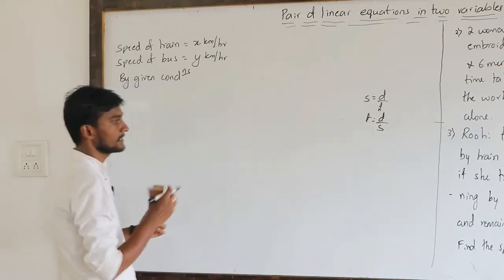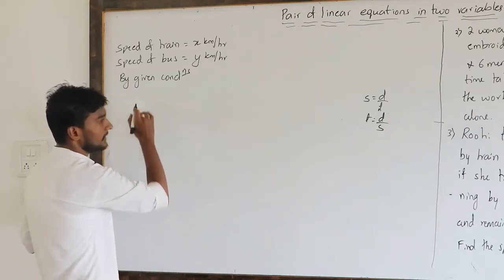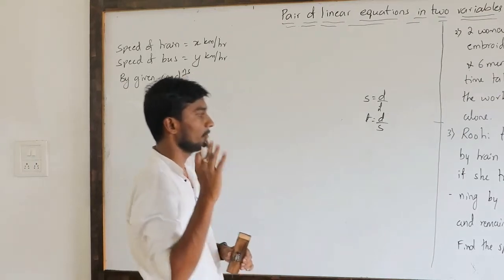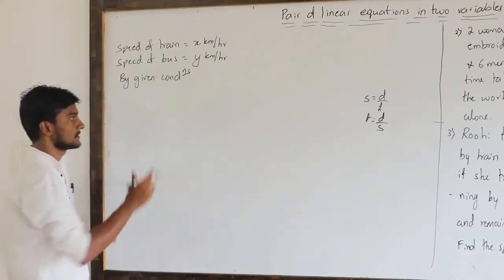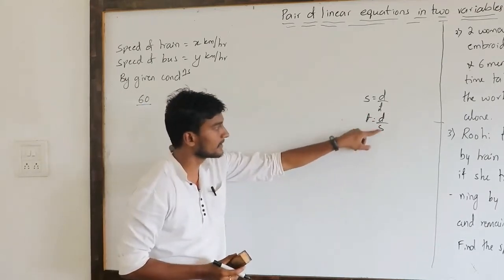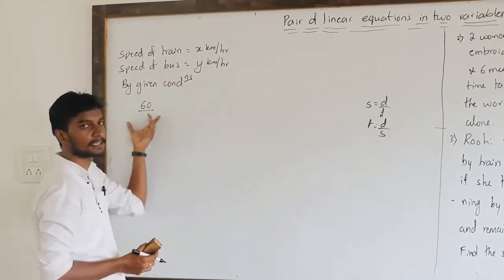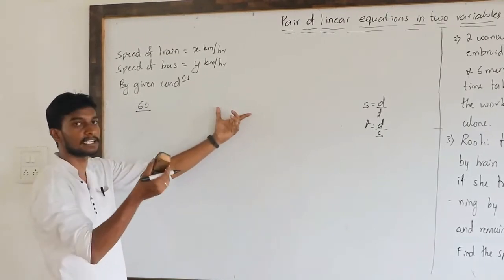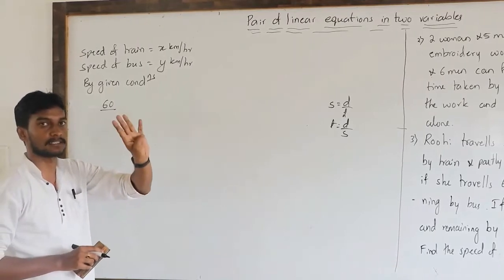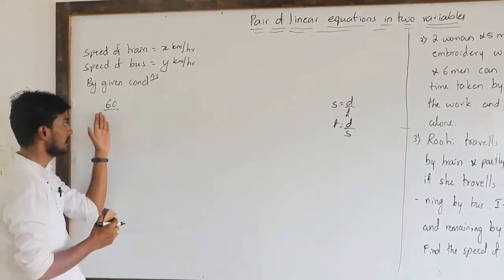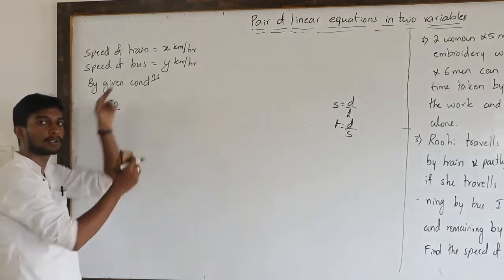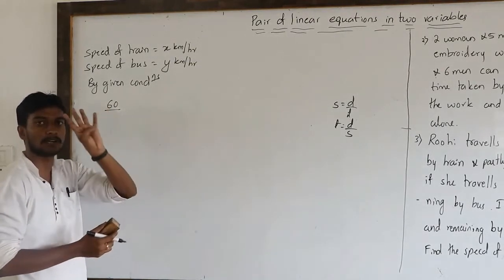So here in the first condition, she will travel 60 kilometers by train. So the formula is distance divided by speed. I am considering time here, because the total time she has taken to travel 300 kilometers is 4 hours in the first condition. If you add the train time and bus time, the total time they have given is equal to 4 hours.